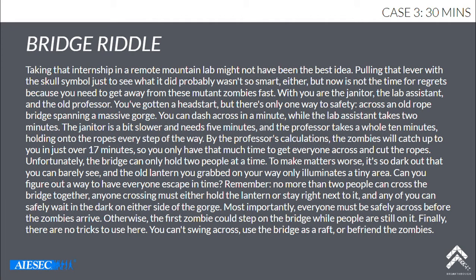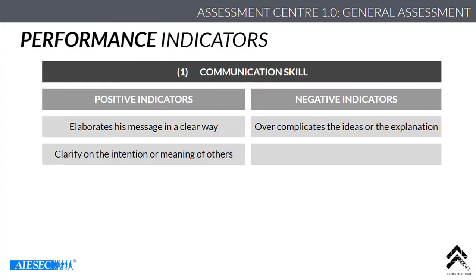that I went through before, to observe my behavior and also my value. So the thing is that we actually have a list of performance indicators for this assessment center 1.0.